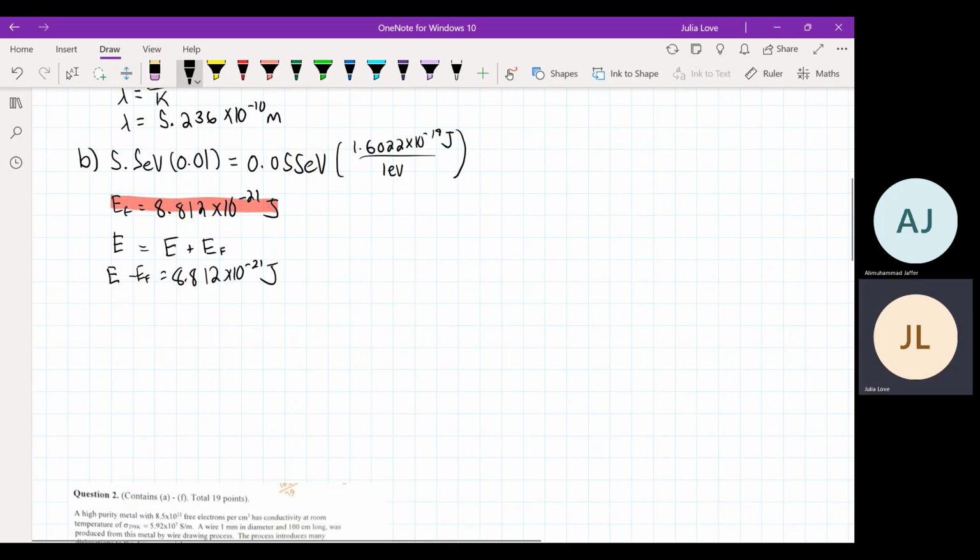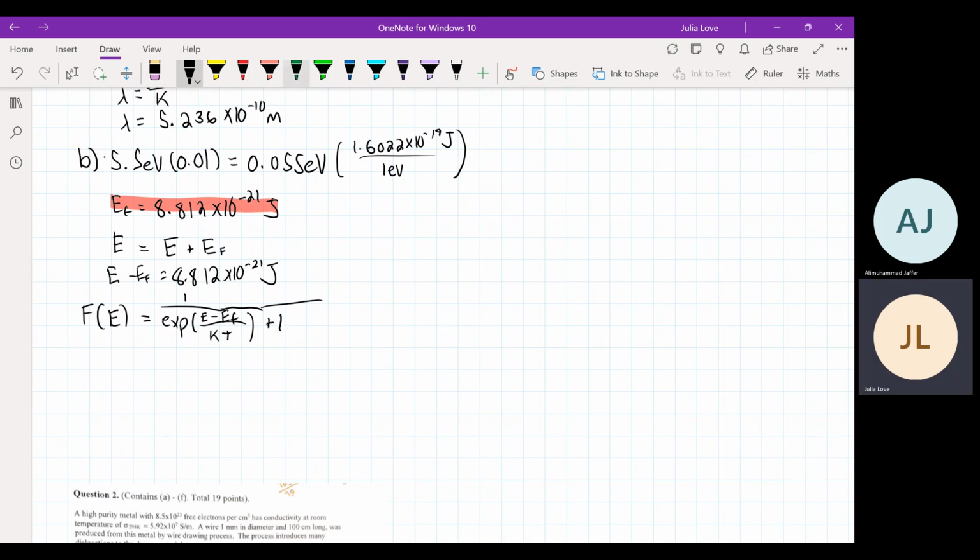That is going to be handy in the Fermi energy equation that we see here. This gives the relationship between the energy and the temperature, which is what we're asked to find.